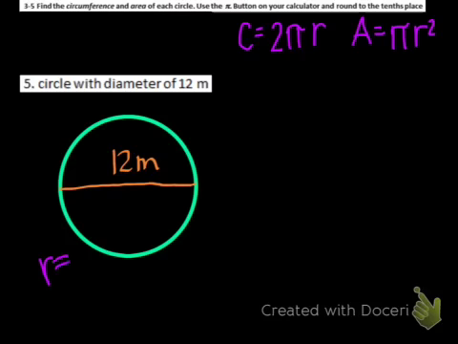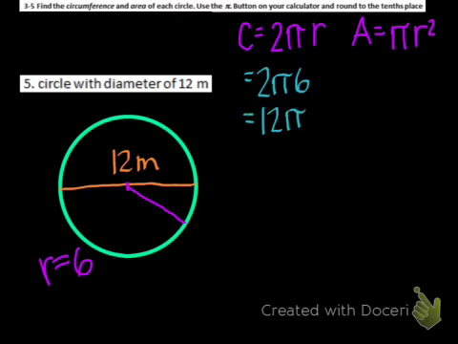So our diameter is 12, and we just want a radius, so we just want half of that. So half of that is going to be 6. 12 divided by 2 is 6. So the number that we're going to be using for our radius is 6. So to do our circumference, we're going to do 2 times pi times 6, which is going to simplify to 12 times pi.